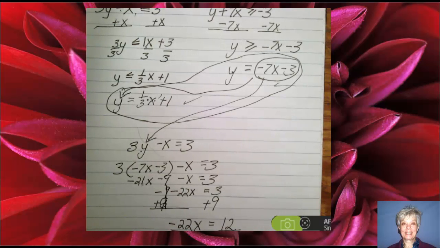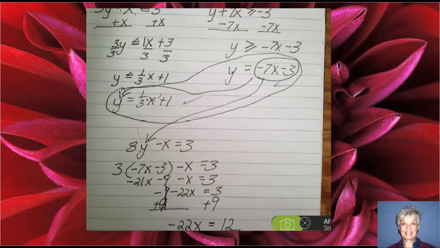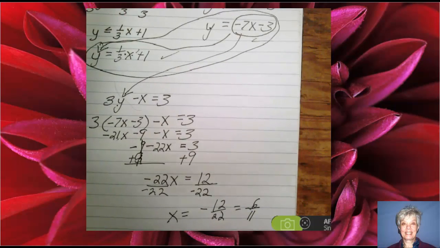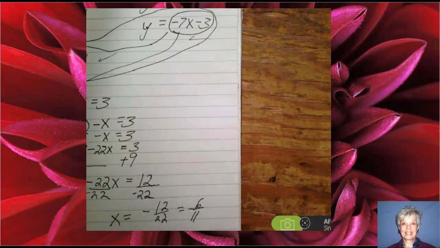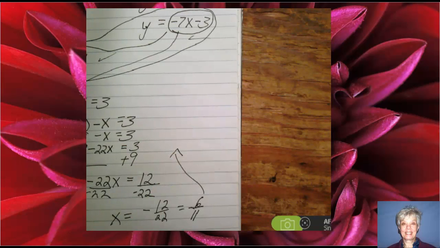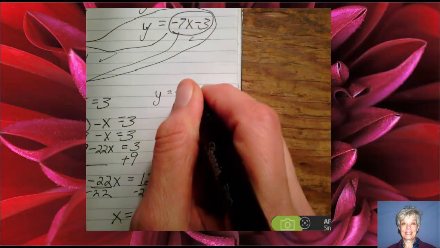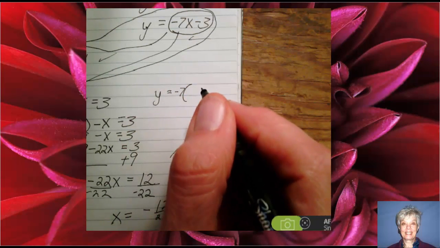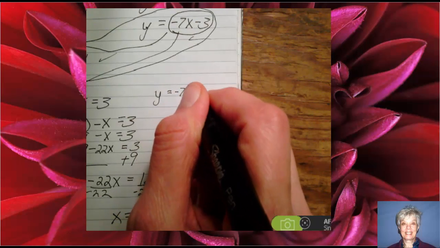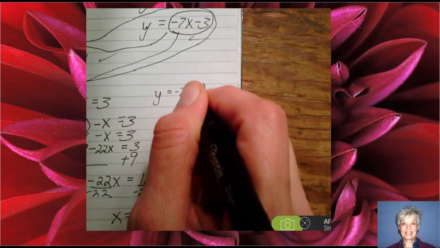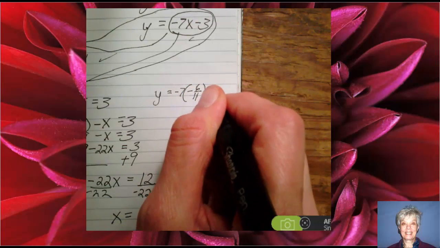I think I'll use y equals negative 7x minus 3, which will be y equals negative 7 times negative 6 over 11, that's x, minus 3.